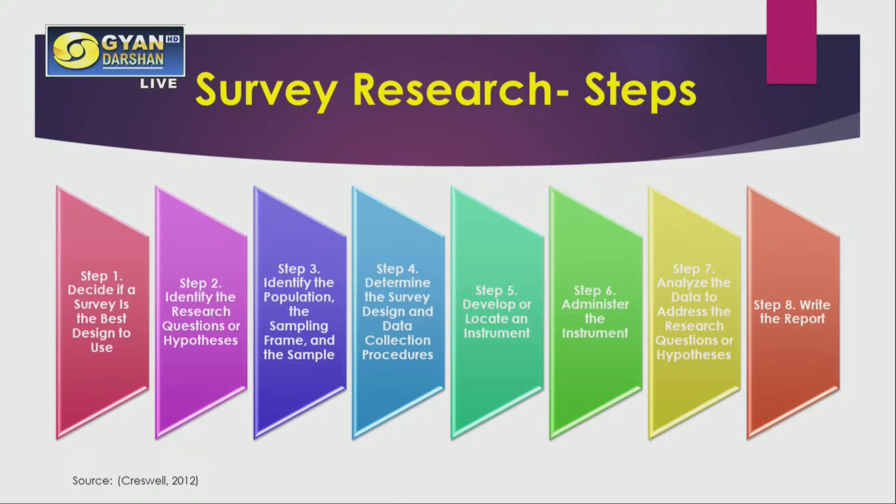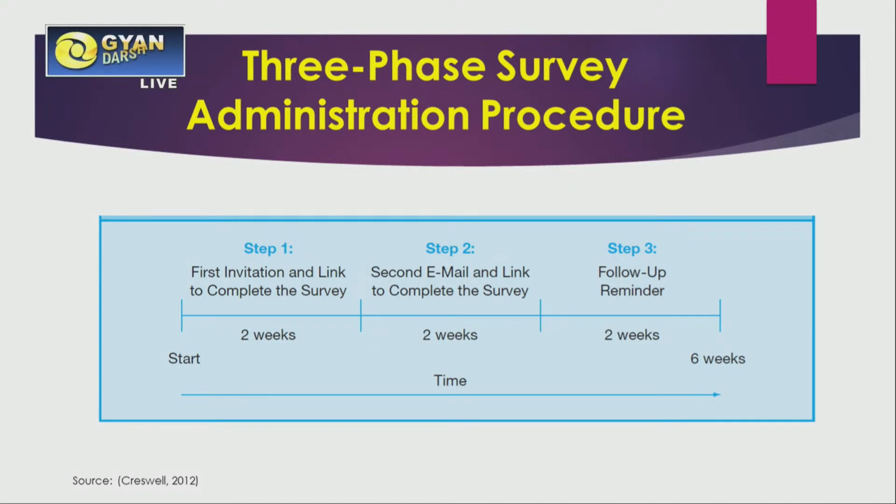Now let us move on to the process of making the tool or instrument. When you make the tool or instrument for your study, there are some steps which you have to follow. Now, what are those steps? Let me take you through the process.